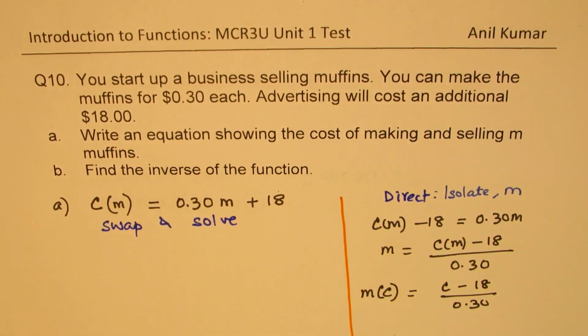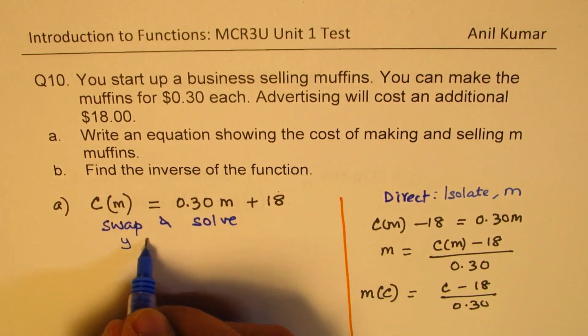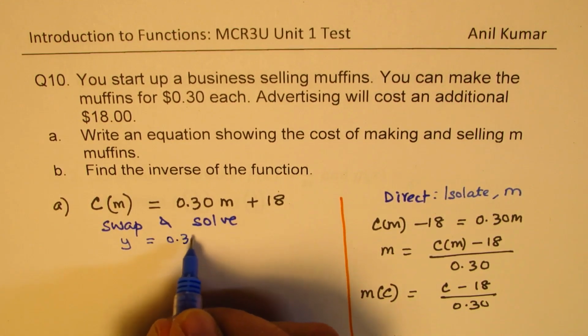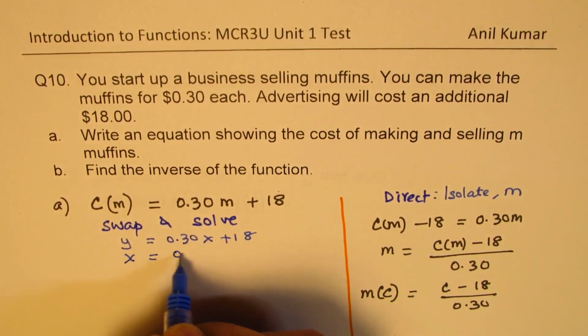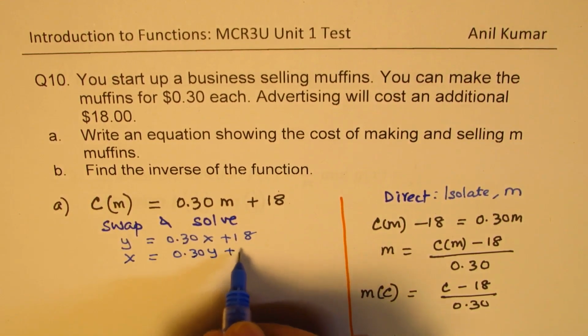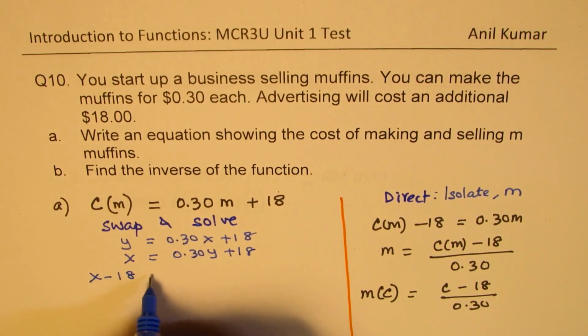And if you are doing the indirect method, in that case what we do here is we write the equation in y and x form. So y equals 0.30 x plus 18. We swap, x equals 0.30 y plus 18, and then we solve. So we get x minus 18, and then we divide by 0.30 to get the value of y.